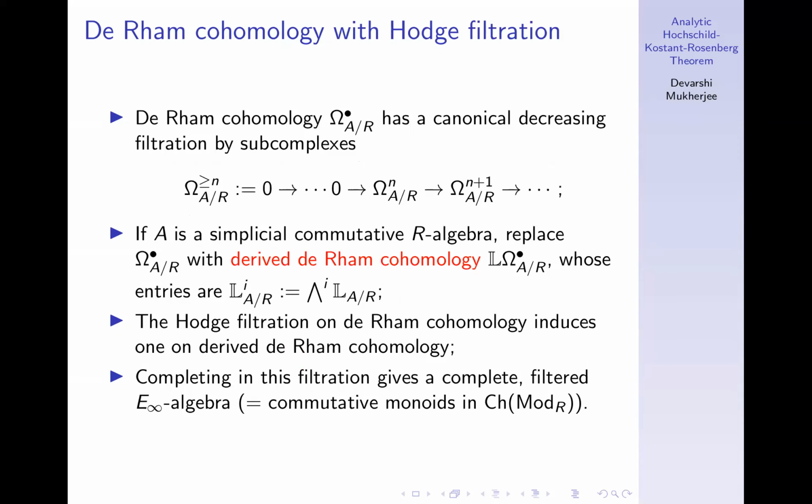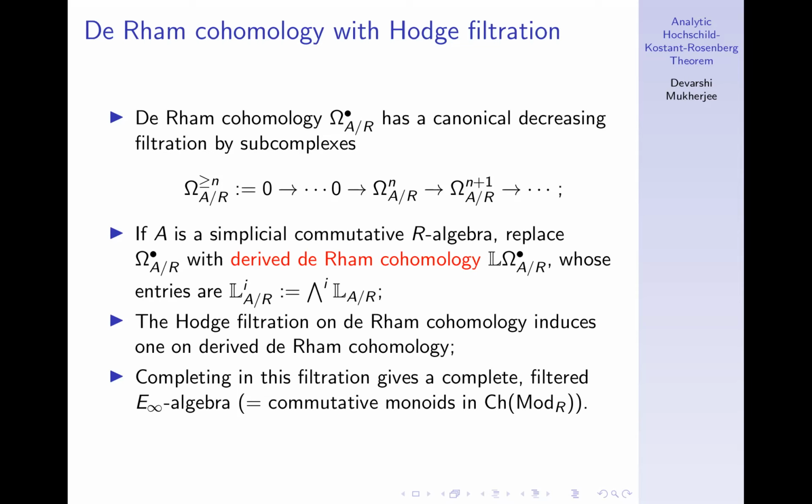Okay. Now let's come to de Rham cohomology, and this is where this HKR filtration comes in. I don't want to talk about the cohomology groups, but the complex itself. This again has a canonical filtration by subcomplexes. Now, if A is a simplicial commutative algebra, we can talk about a derived version of de Rham cohomology.